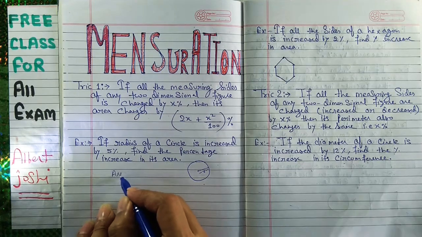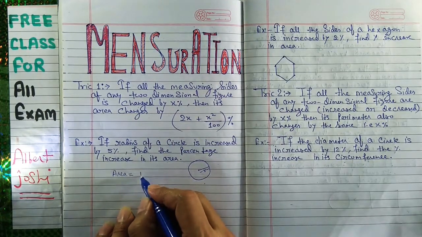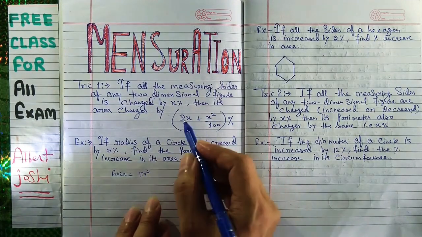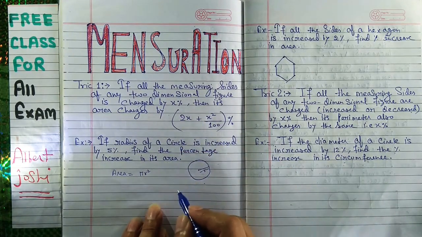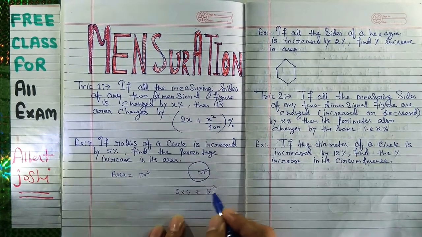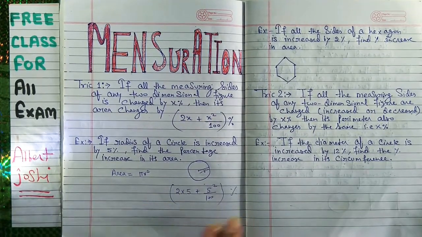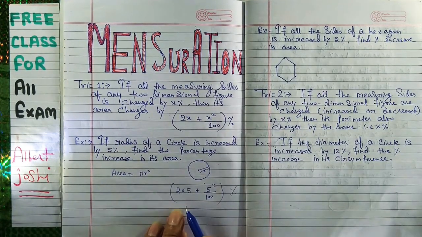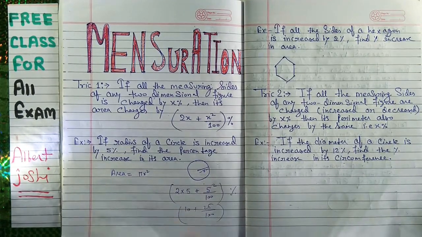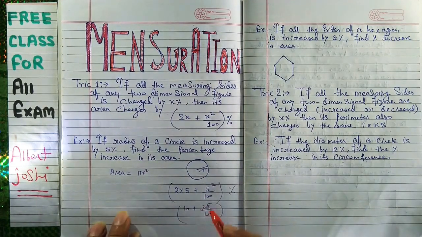He is asking about the area. The circle area is equal to pi r square. So first I will solve by this method. You have to write 2 into 5 plus 5 square upon 100 percent. That is 10 plus 25 upon 100, and 25 upon 100 is 1 upon 4.